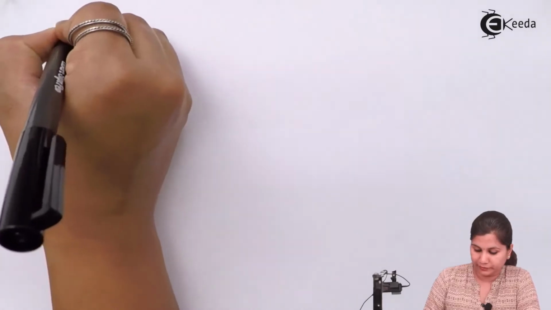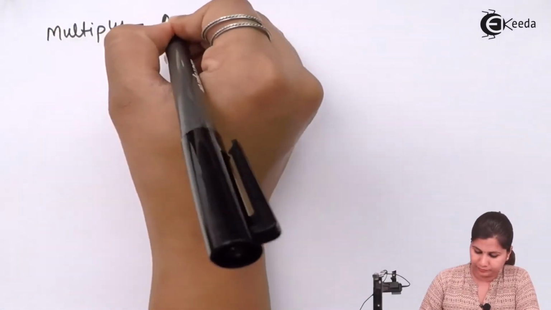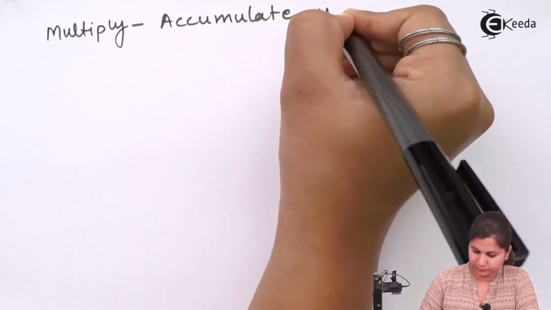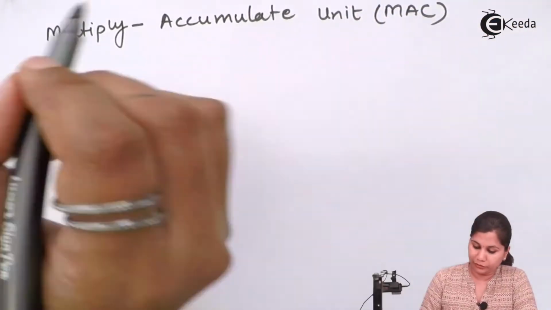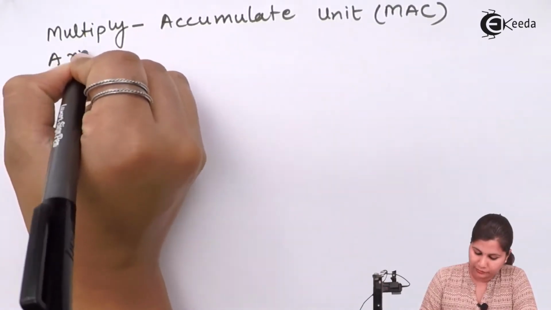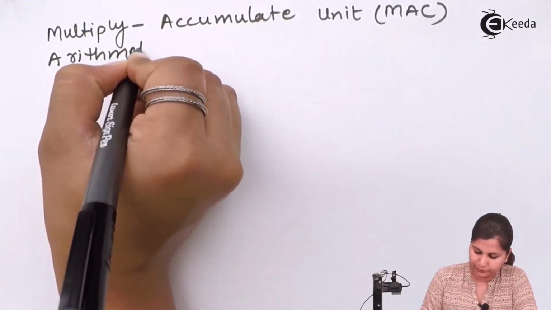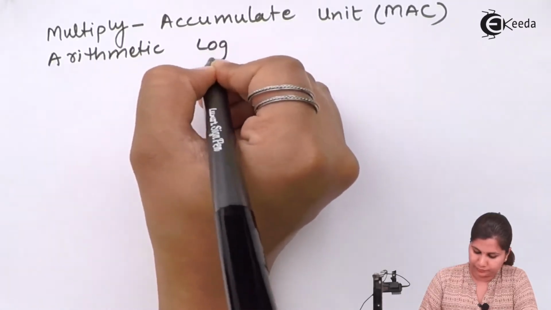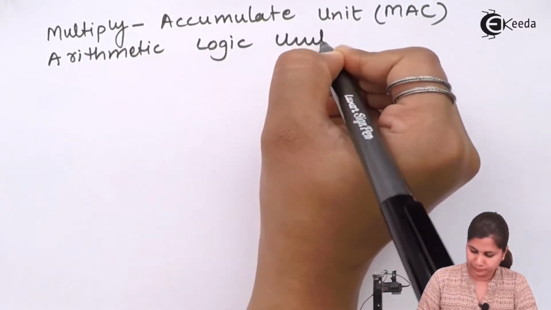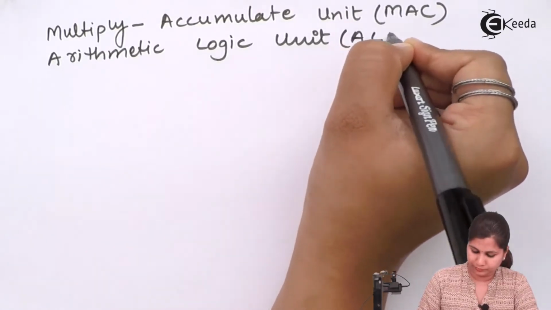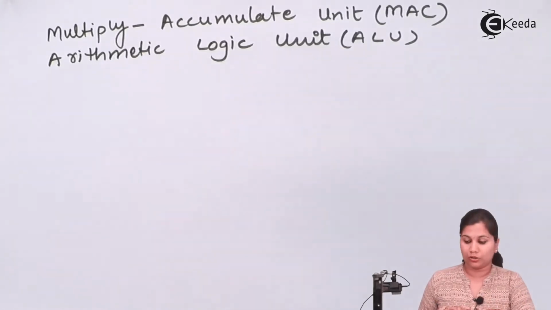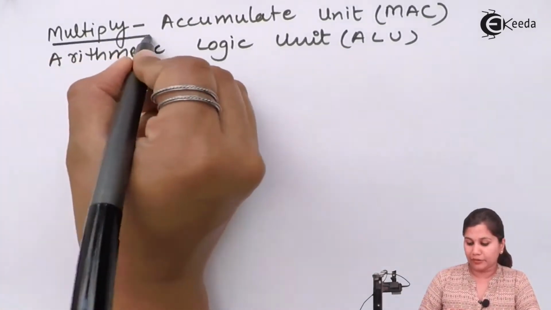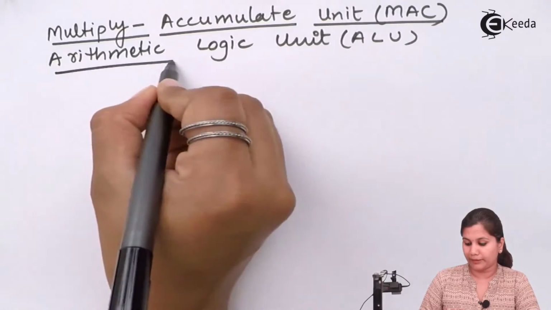Next is the multiply and accumulate unit. This is one unit, the multiply and accumulate unit, and also we are having the arithmetic logic unit, ALU. So as we know, in the ARM processor we are having three operands.